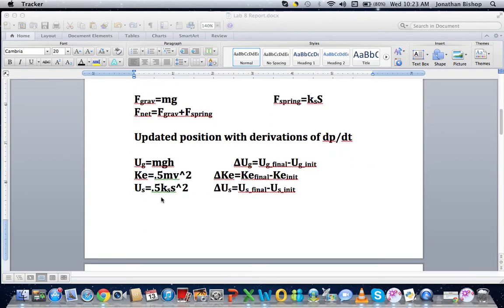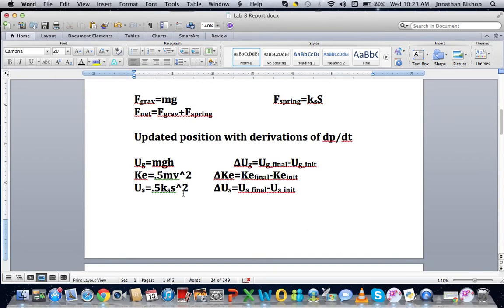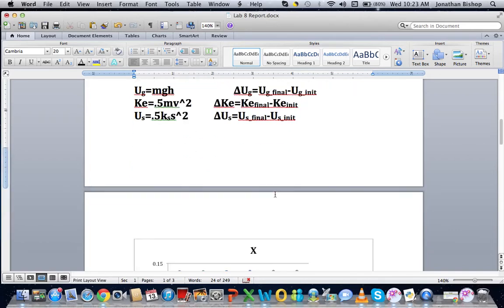Then I also used the spring potential energy, which is 1/2 k s squared, the kinetic energy, which is 1/2 mv squared, and the gravitational potential energy, which is mass times the g constant times height. And then the change of each is the final minus initial.